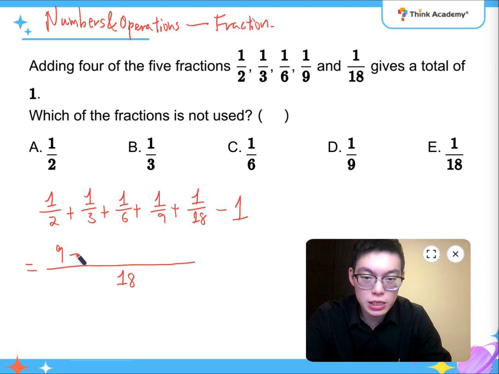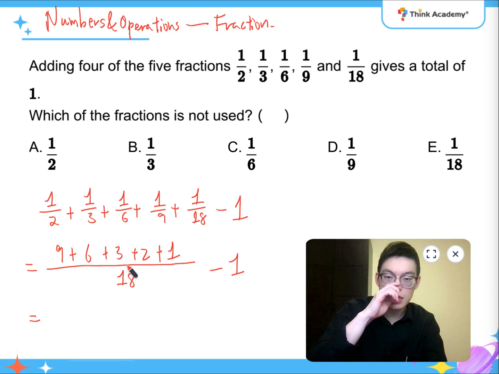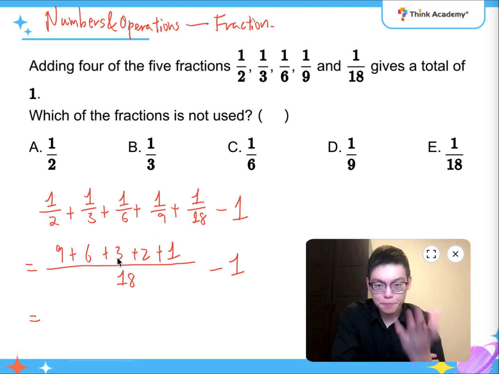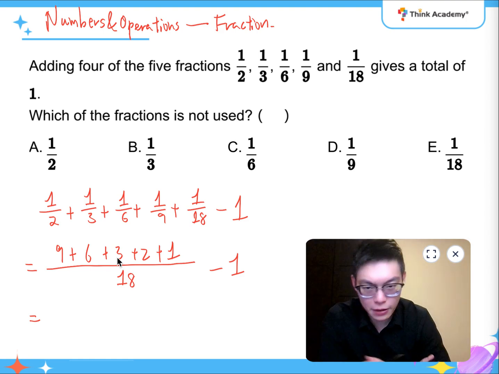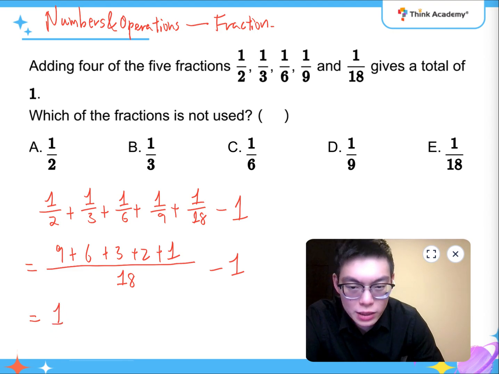And the numerators are going to be 9, 6, 3, 2, and 1 respectively. All right, and then take away 1. So altogether, if you add these up, you're going to see that it's going to add up to 21, right? So we have 21 over 18 take away 1, which is 1 3/18.